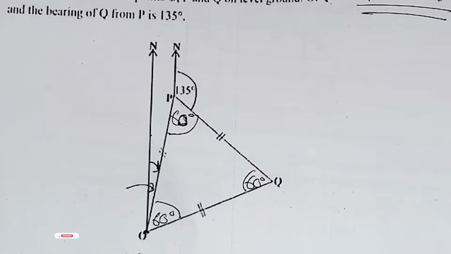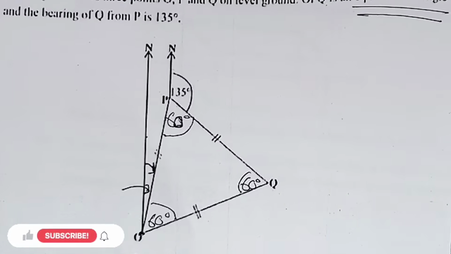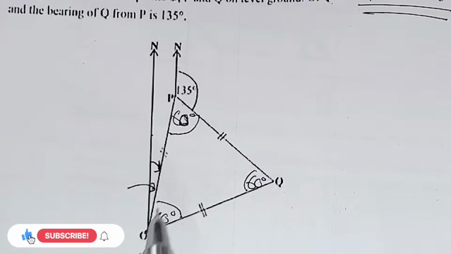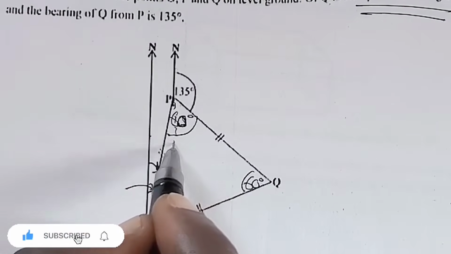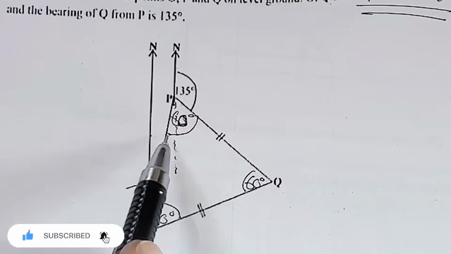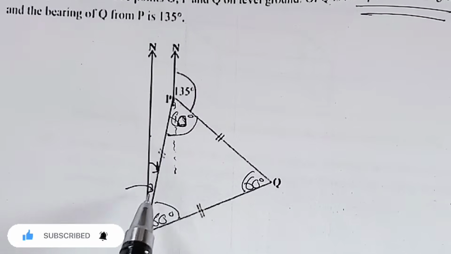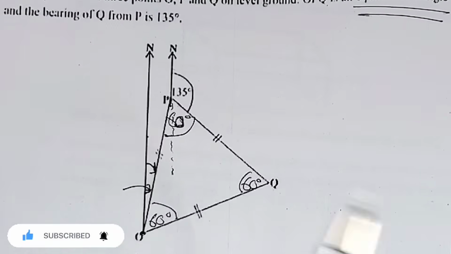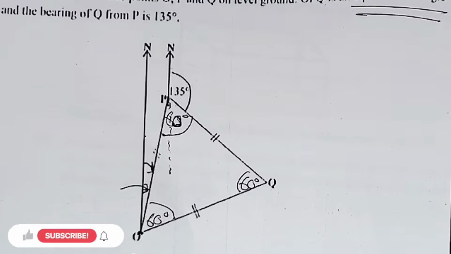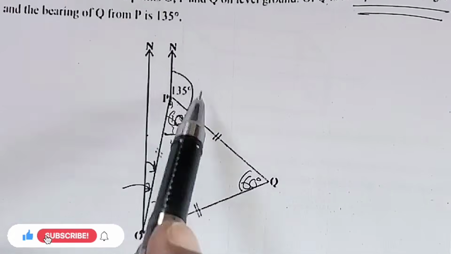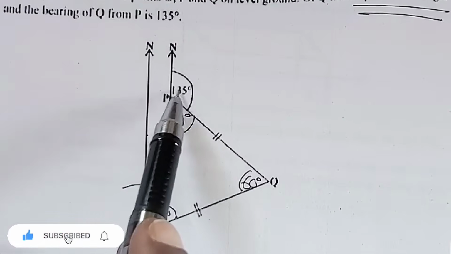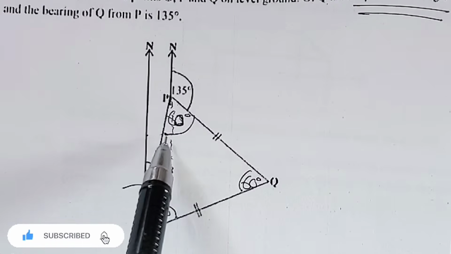Use what is known as alternate angles. If we extend from this line like this, we need to find this smaller angle, and this is equal to this angle.